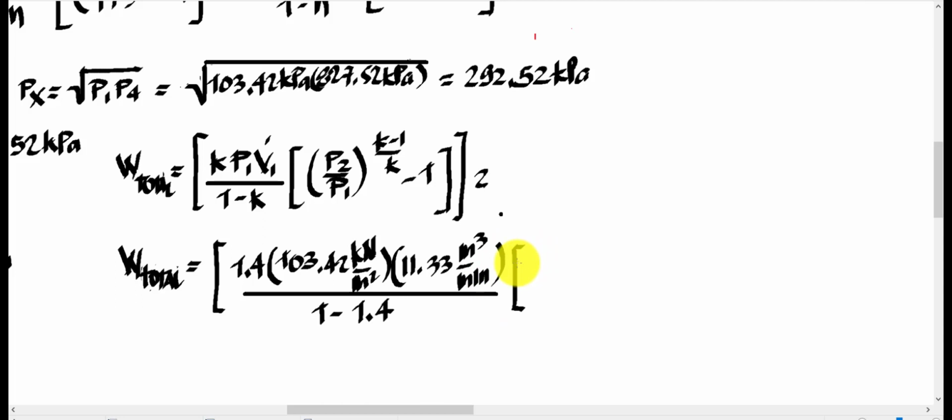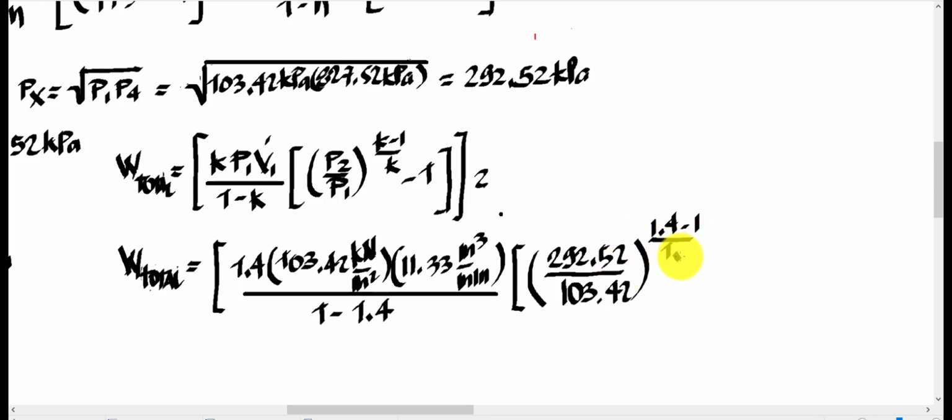Then multiply by the ratio of P2 over P1, so we have 292.52 divided by 103.42, raised to the power of (1.4 minus 1) over 1.4.